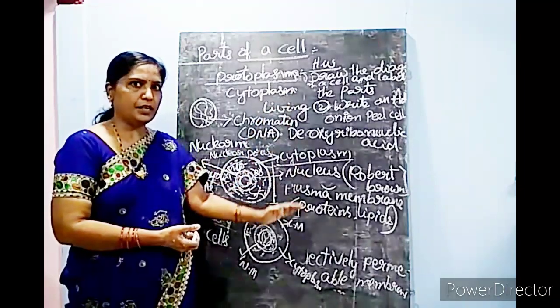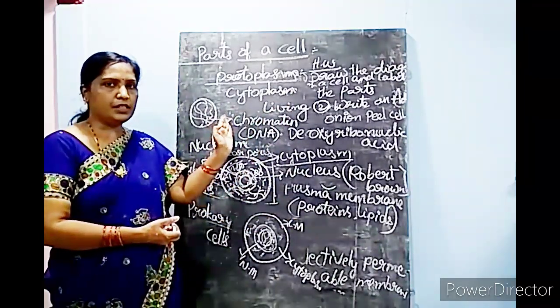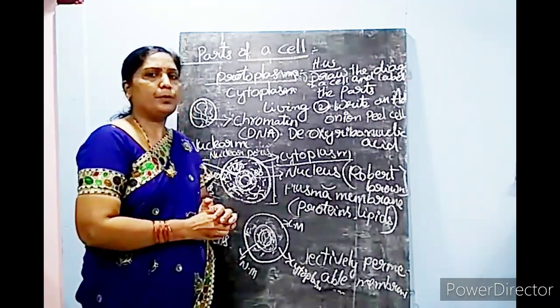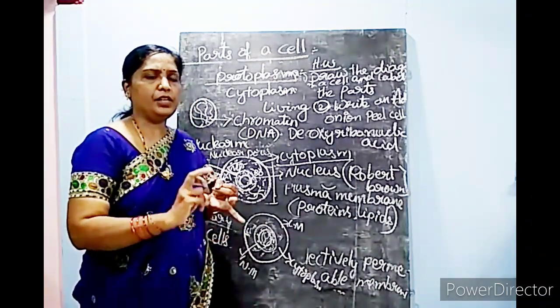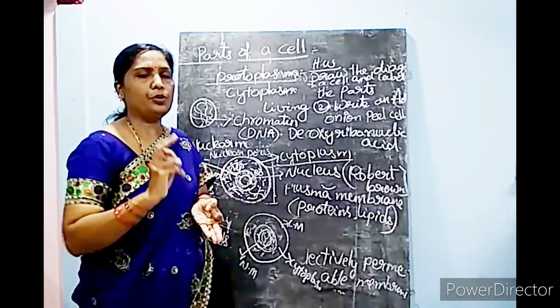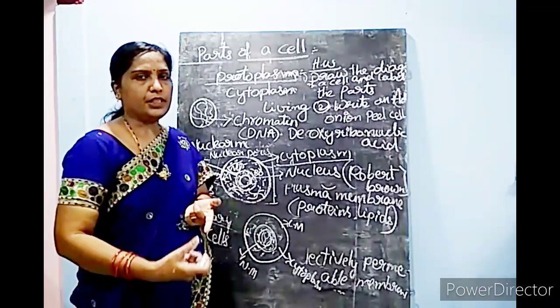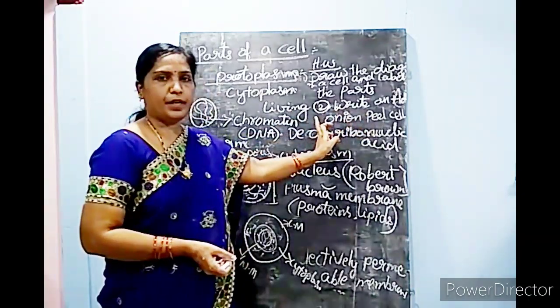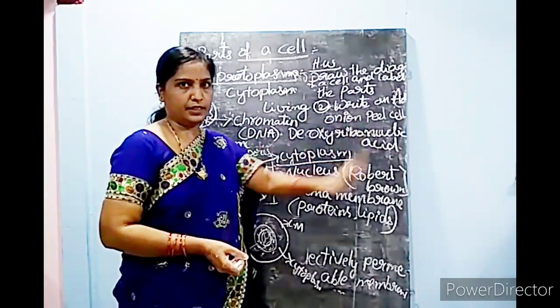How to prepare an onion peel cell slide we discussed. So write an activity. Clearly mention the aim of your activity, the materials you need, the procedure you have to follow, and finally your observation. So write an activity to prepare the onion peel cell slides.